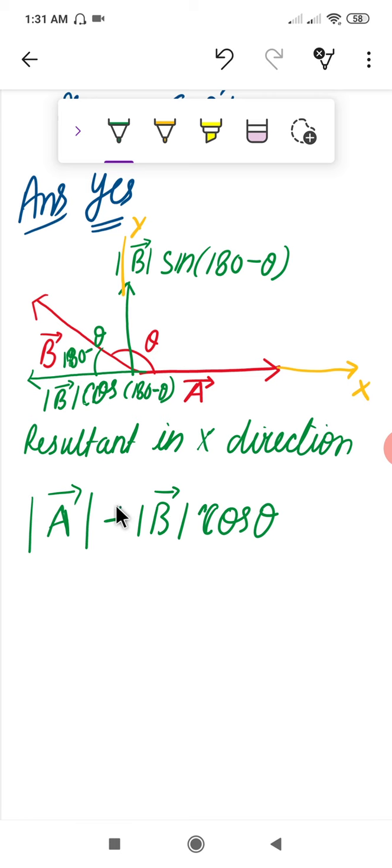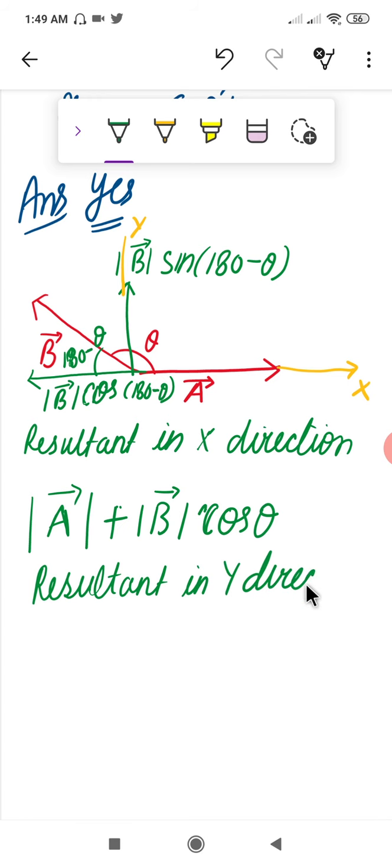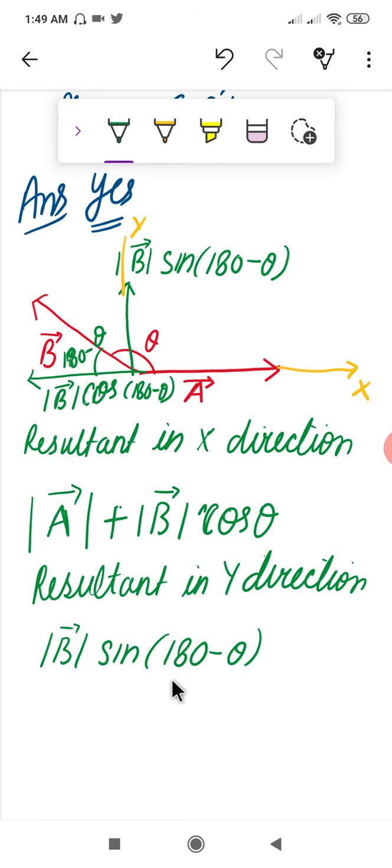So minus cos theta will give you this. And the resultant in y direction will be the magnitude of B sine (180 minus theta), that can be written as B sine theta.